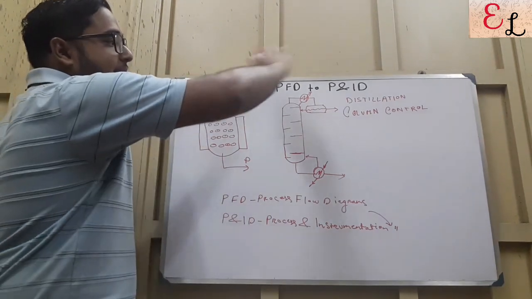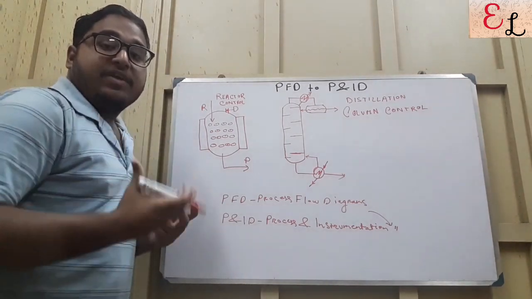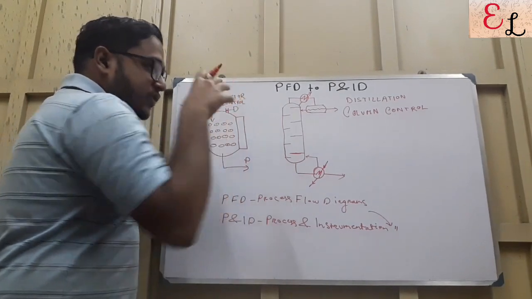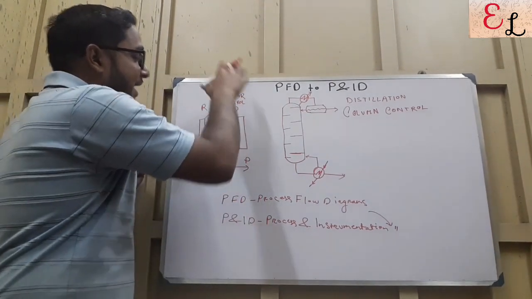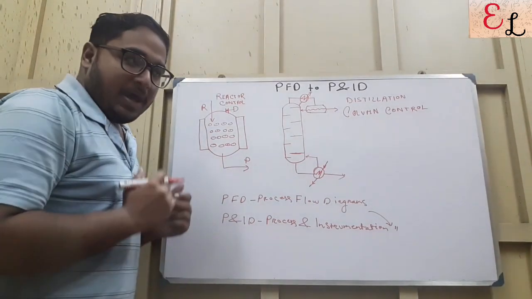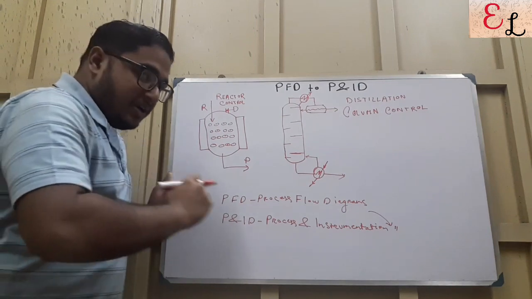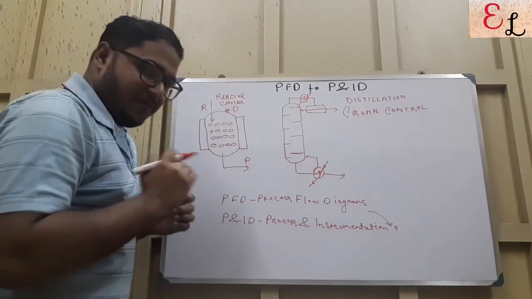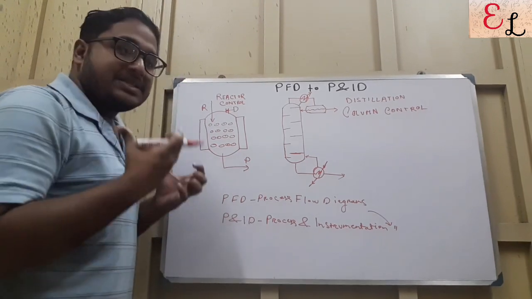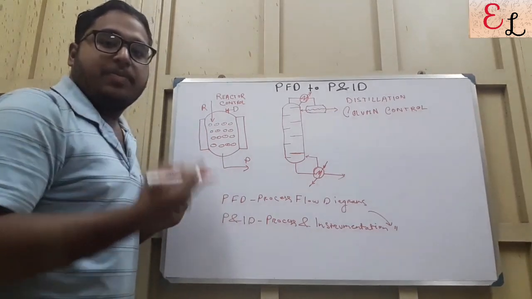Supposedly I am drawing an entire industrial process, but there is a need to have control elements on particular sections of it. Supposedly for a particular reactor unit you need certain control elements so that the pressure doesn't shoot up infinitely, or the temperature doesn't shoot up infinitely, or the level of a liquid doesn't rise infinitely. You need to create certain provisions so that pressure and temperature can be controlled.